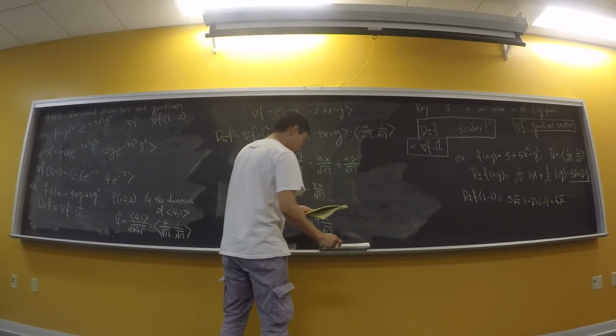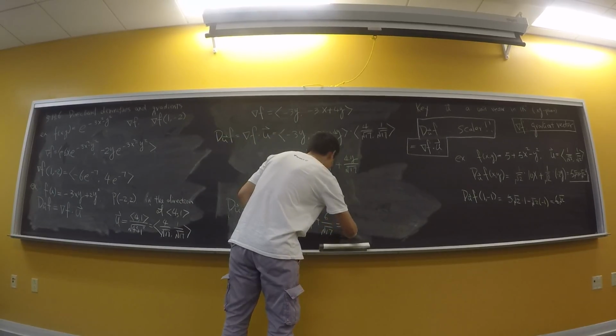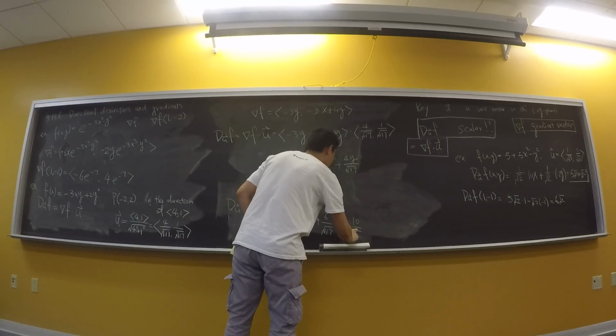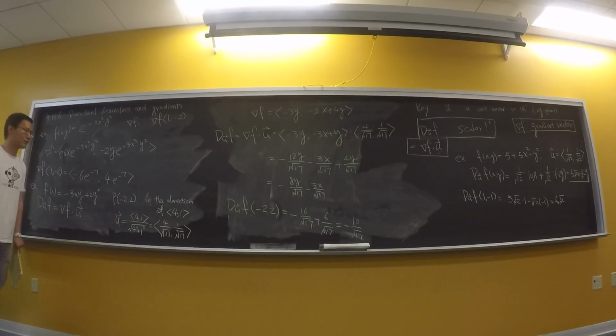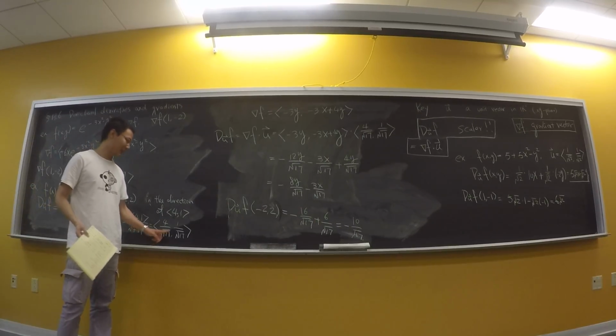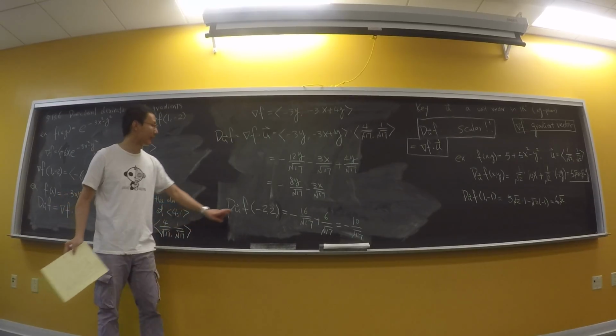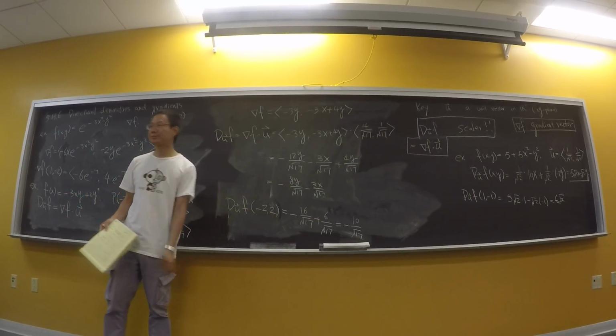So the final answer is going to be minus 10 divided by square root of 17. Okay? So this is the directional derivative of the function in the direction of (4 divided by square root of 17, 1 divided by square root of 17) evaluated at the point (minus 2, 2).